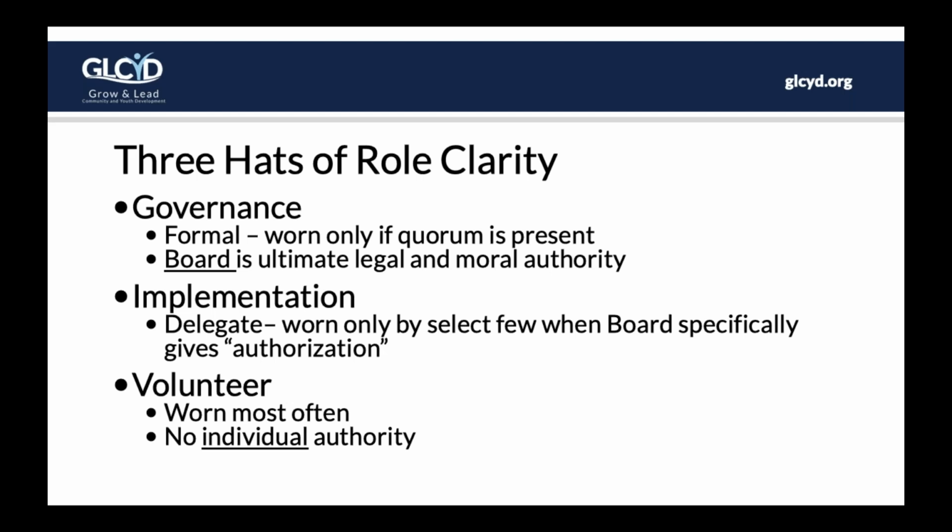But that finance committee is not going to tell the outreach or marketing committee how to discuss getting more people to an event. That's outside their parameters. Their parameters are to look at the financials, make sure we know where the money is, how it's coming in, where it's going, etc. So the implementation part is a limited authority, limited power granted by the board that gives a specific authorization or parameters or power to do a certain task or tasks.